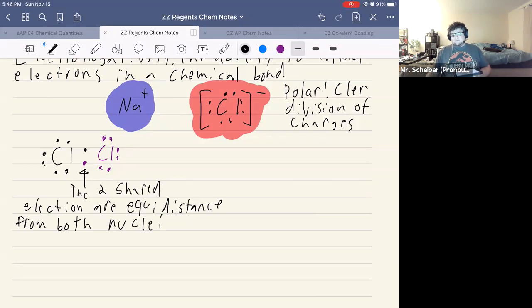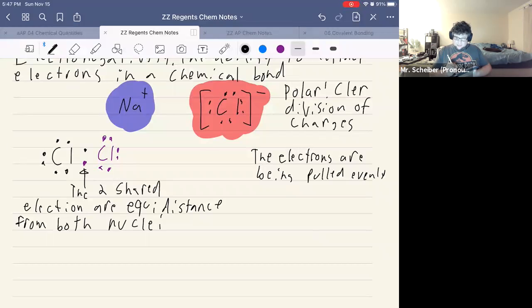There is no electronegativity difference. So the electrons are being pulled evenly, and thus, right in the middle.